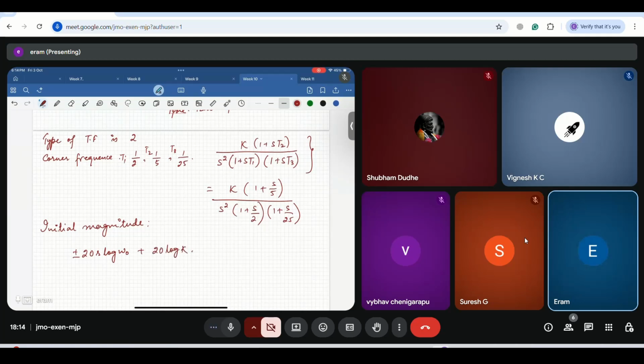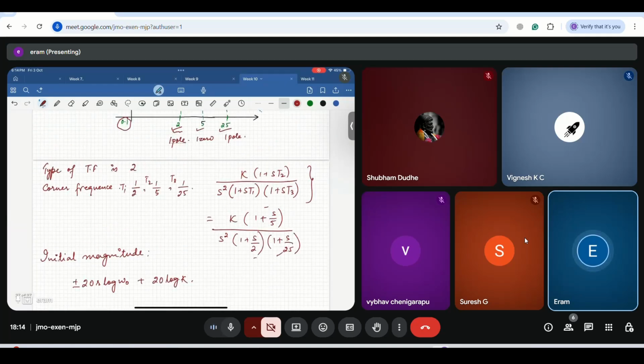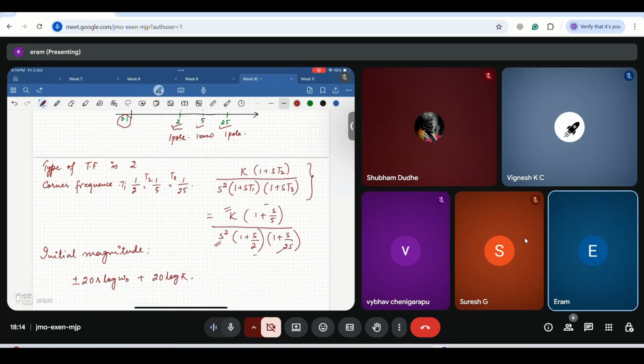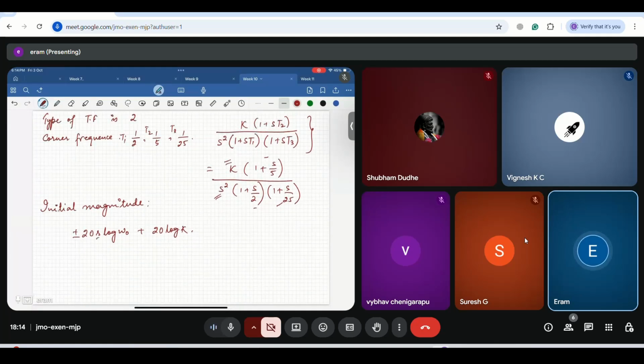Since all these poles and zeros have a 0 dB asymptote, with 0 slope at the initial frequencies, as omega tends to 0 they contribute 0 slope. So the only contribution is coming from K and 1 by s squared. The initial magnitude can be written as 20 r log, where r is the number of poles or zeros at the origin, omega naught is the initial frequency and K is the gain.